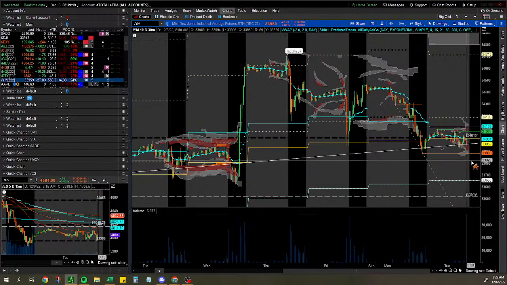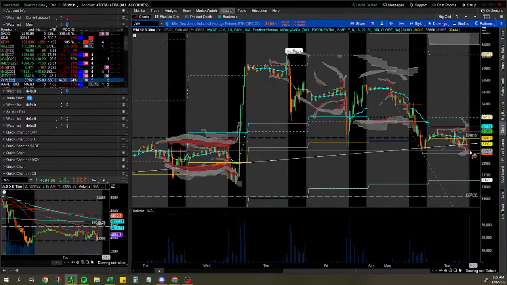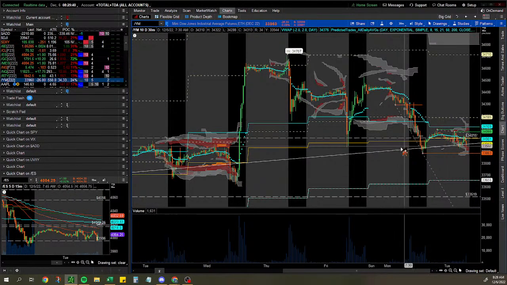Not too crazy, I'd say. Basically 33,900. Very key today, yesterday's low. We need those two to hold for any kind of upside today to get back above 34. Excuse me, sorry, my voice is kind of going in and out.